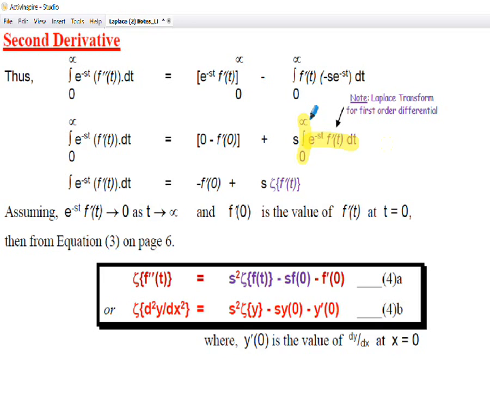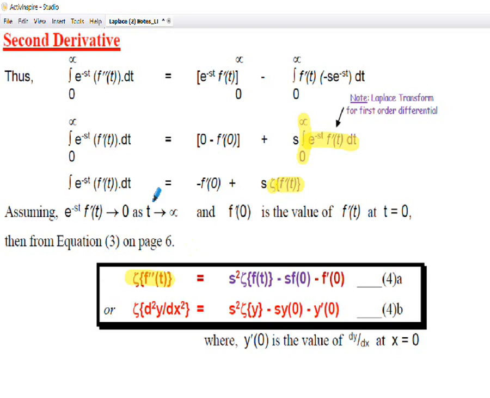So we can replace this integral with the Laplace transform of the first derivative of t. Okay, and that's what's being shown there. If you then follow the imposition of the limits, as we did in the previous derivation for the first order equation, you end up with this expression.